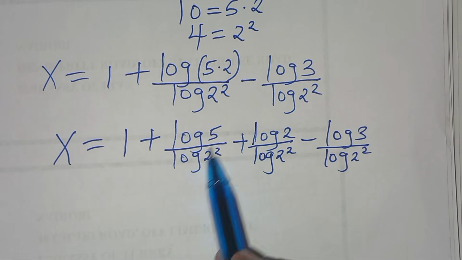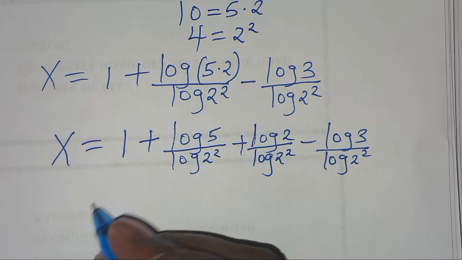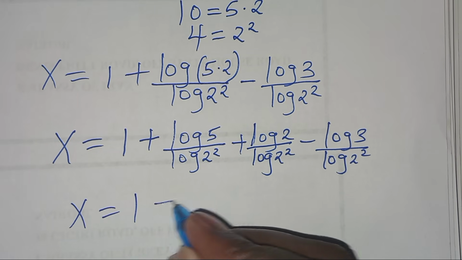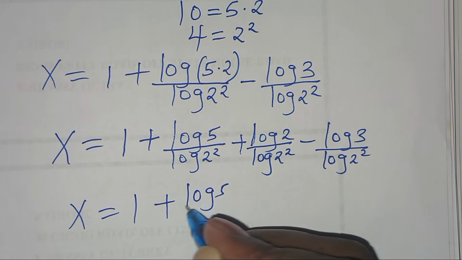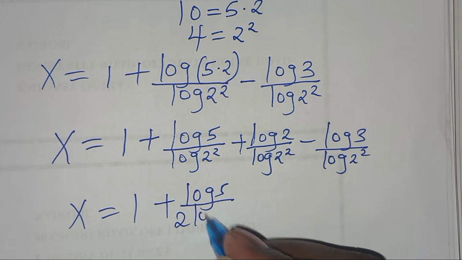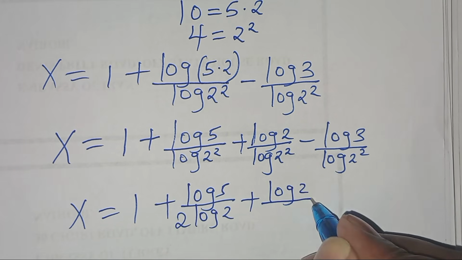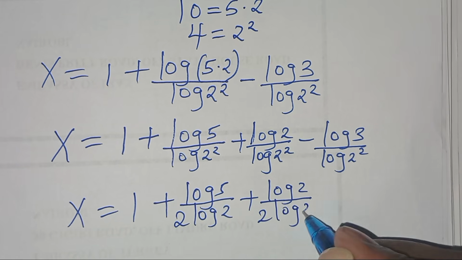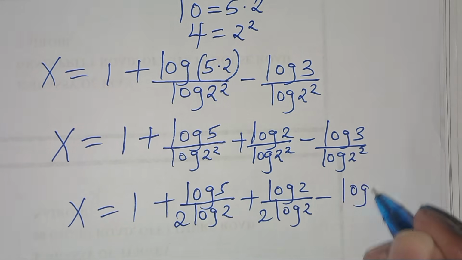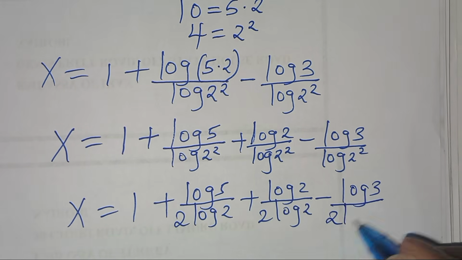Now, log 2 to the power 2, applying the power rule property, then this can be expressed as, now we have log 5 divided by 2 log 2 plus log 2 divided by 2 log 2 subtract log 3 divided by 2 log 2.